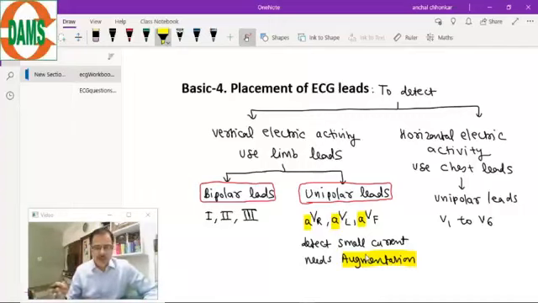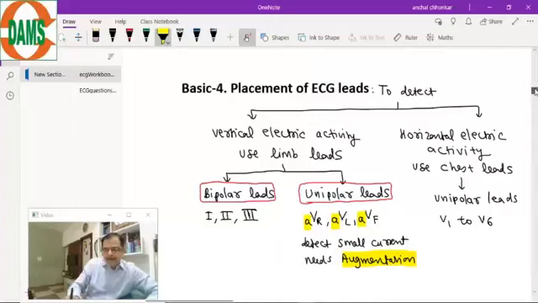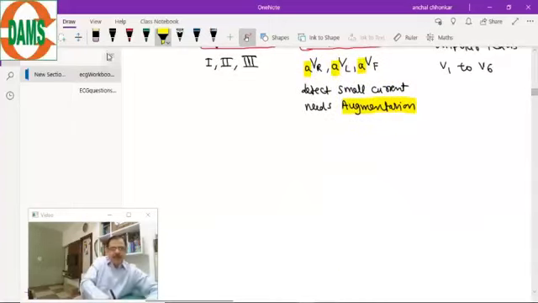Now coming to the placement of these leads. So placement is starting with bipolar limb leads.